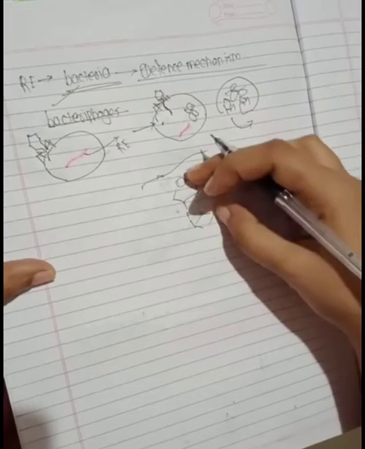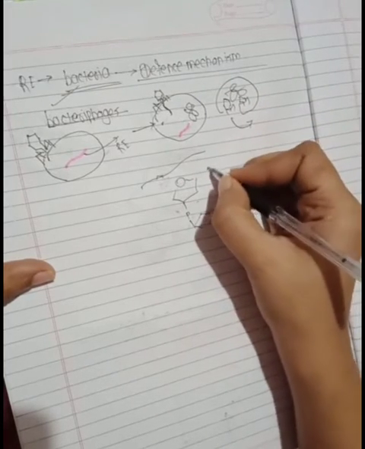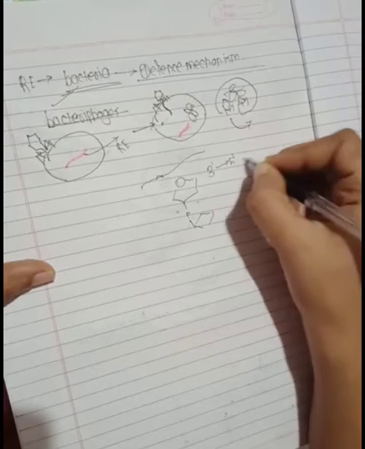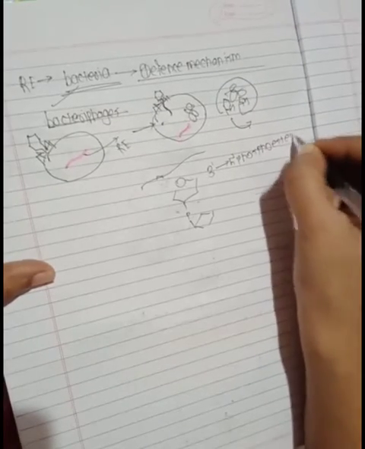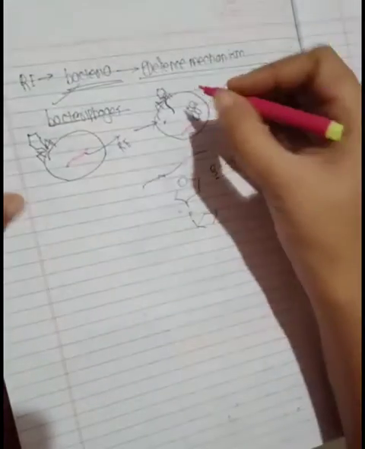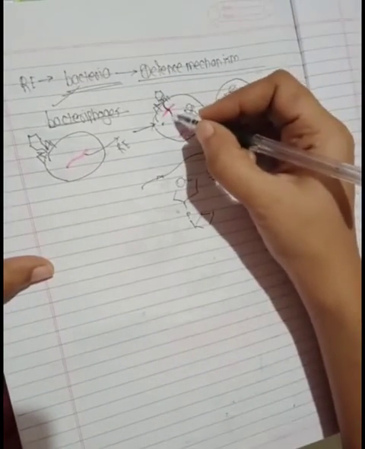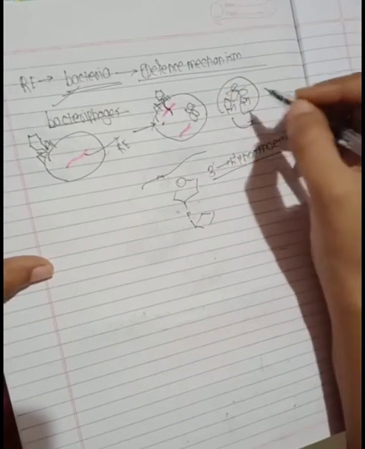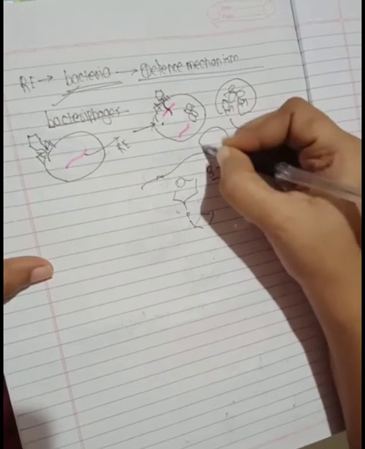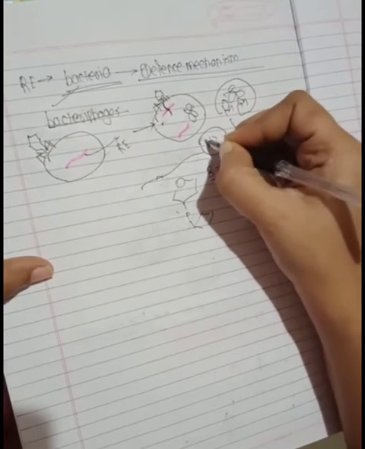All the sugar molecules are attached to each other by 3'-5' phosphodiester bonds. So they act on this DNA and digest this viral DNA, and the viral DNA gets fragmented.